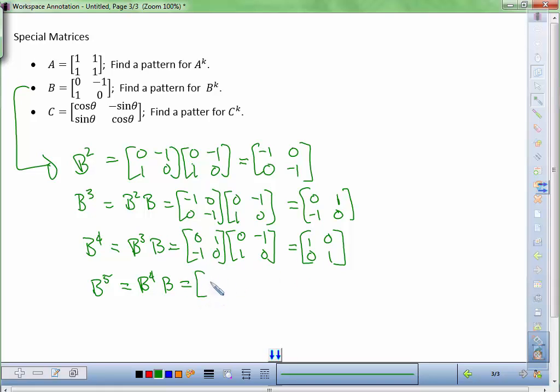What can you say about b to the fourth? That's the identity matrix, right? So if we multiply this by b, it'll just be b.